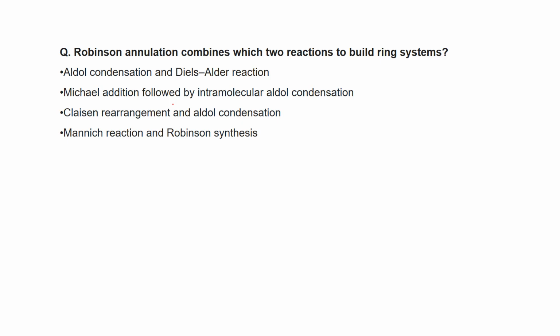So what is Robinson annulation? Robinson annulation combines which two reactions to build a ring system? Among these four options, which is the correct option? Aldol condensation and Diels-Alder reaction, Michael addition followed by intramolecular Diels-Alder reaction, Claisen followed by aldol, or Mannich followed by Robinson.